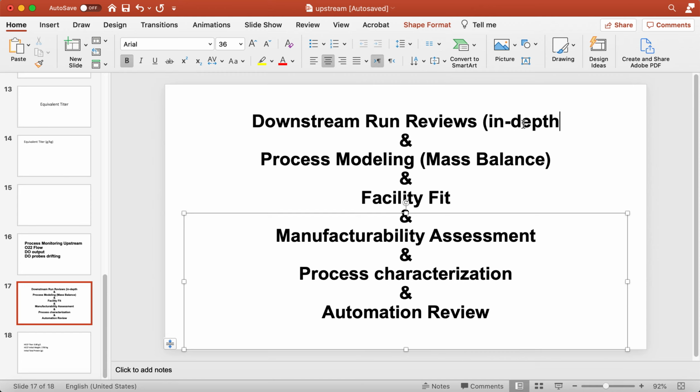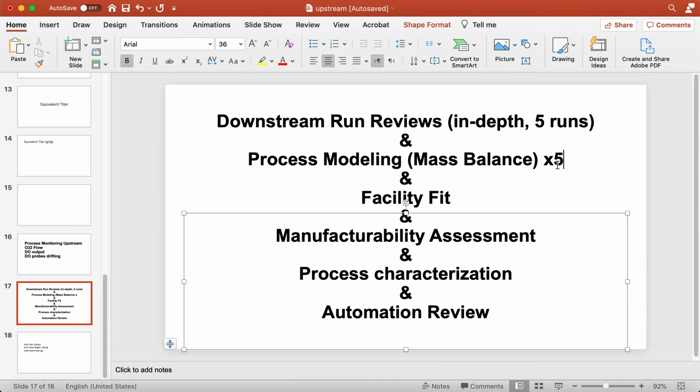My take is going to be 5 times. I'm going to cover at least 5 runs. And then mass balance times 5, facility fit.